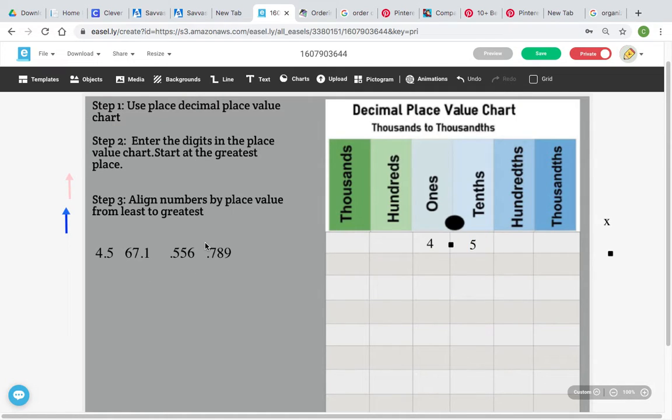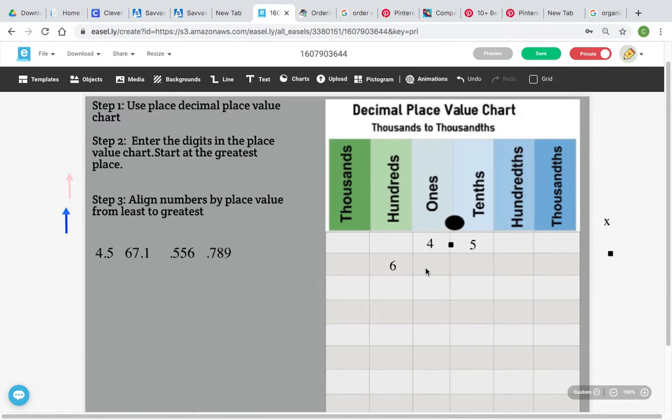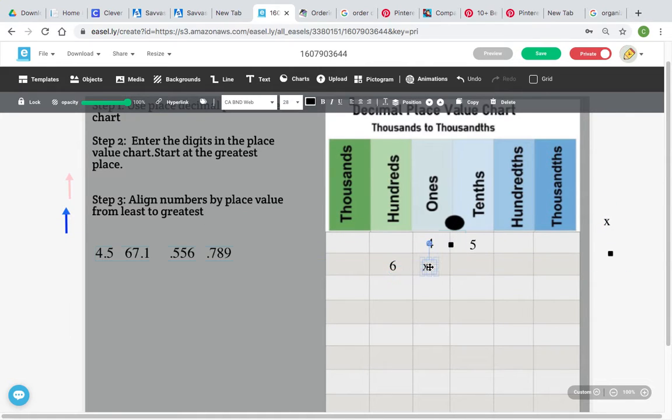Then I add my 67.1. Don't forget my decimal. It falls between 7 and 1.